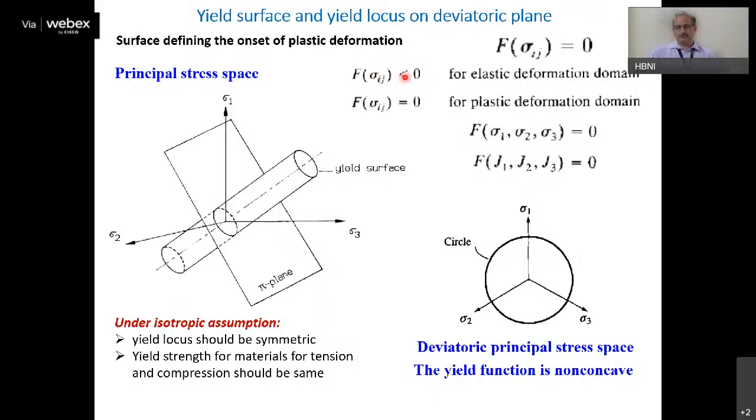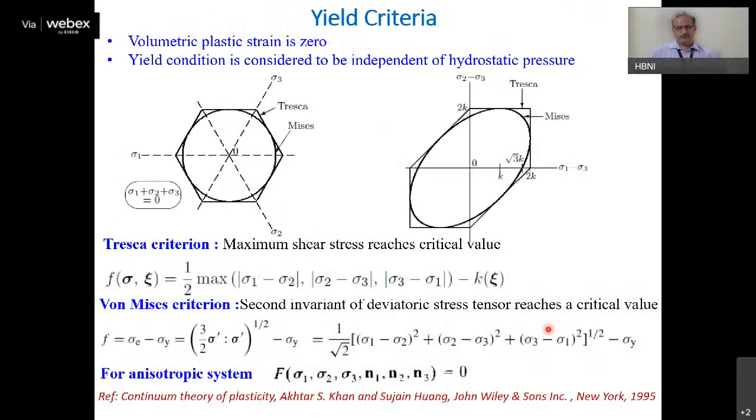When the yield function is less than 0, you are still in the elastic regime. Basically, you are inside this cylinder. But as soon as this function reaches 0, you are at the yield surface. Unless the yield surface increases, you will stay at the yield surface, because the material will relax stresses by moving on this yield surface. There are some criteria defined for this yield surface.